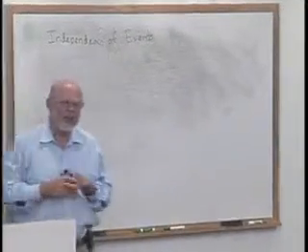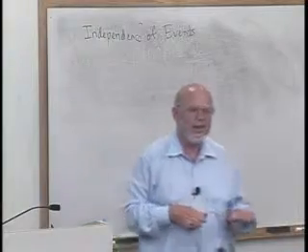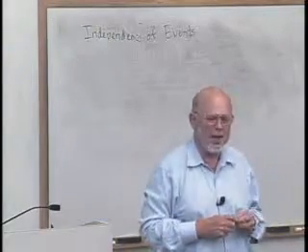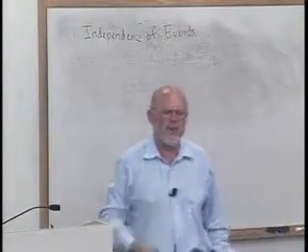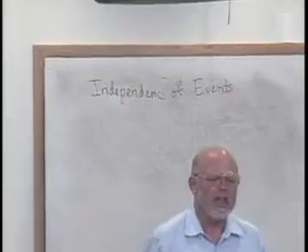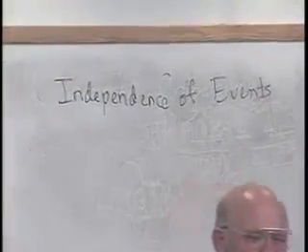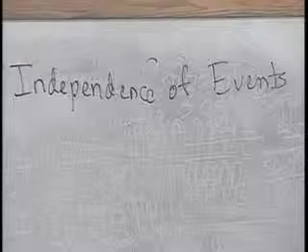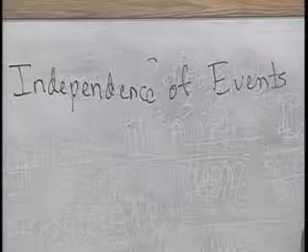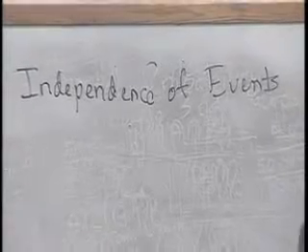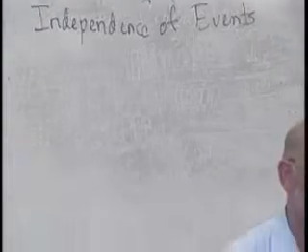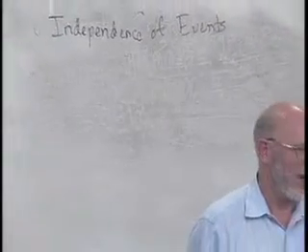In the first lecture, I gave an implicit example of the independence of two events, which I believe were the Yankees won the American League East, and the Iraqi Constitution was rejected in the referendum.